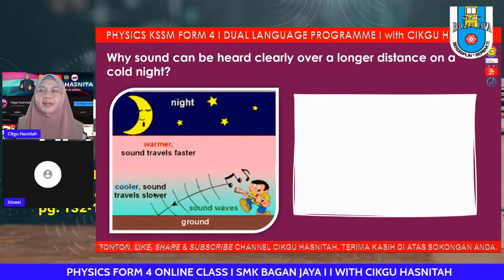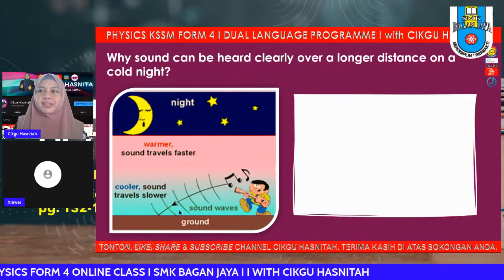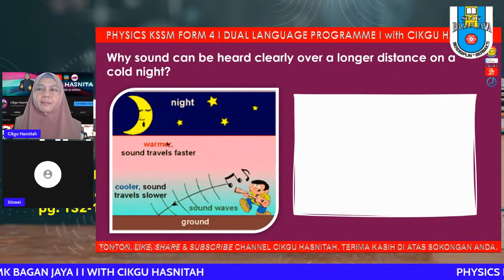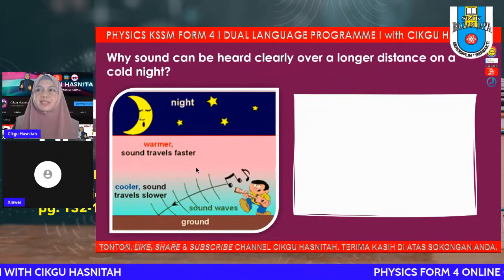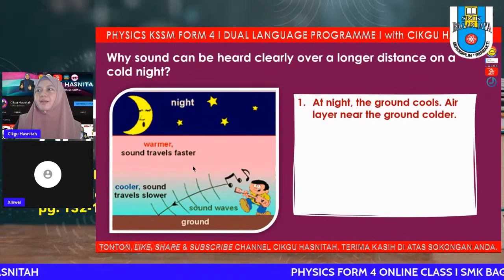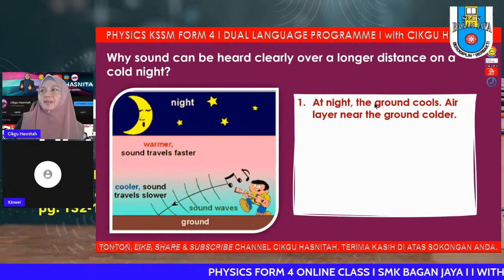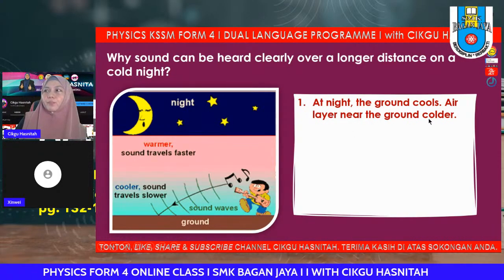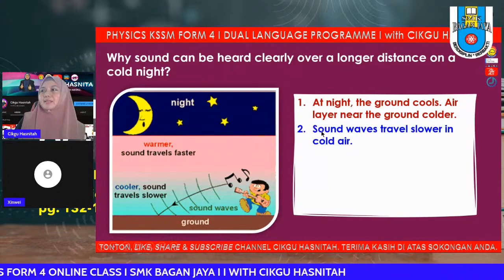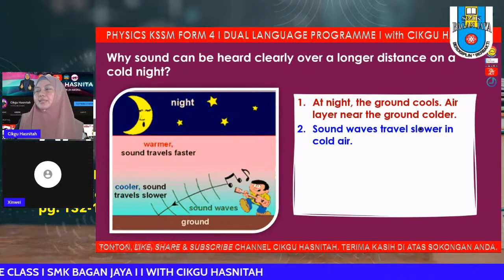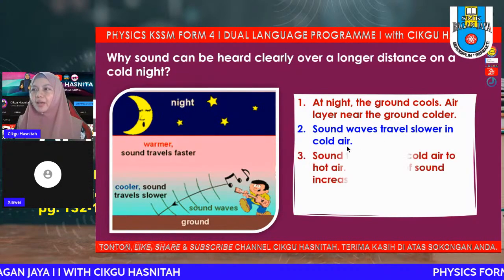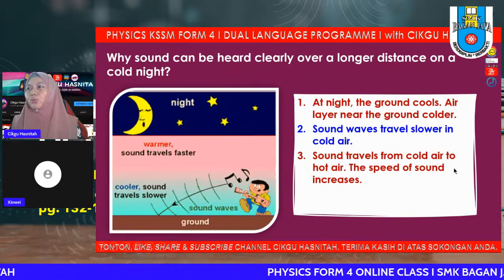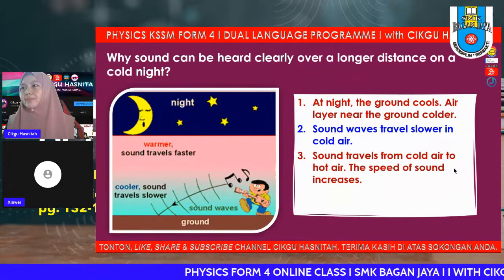Okay. At night, the air near the ground is cooler compared to the air above the ground, which is warmer. So what happened? At night, the ground is cooler. The layer near the ground is colder. Okay. So by this, sound wave travels slower in cold air, and it travels from cold into hot air.